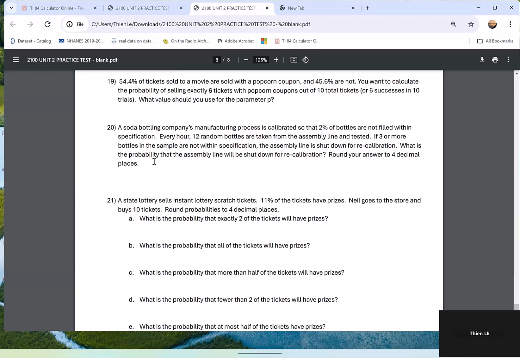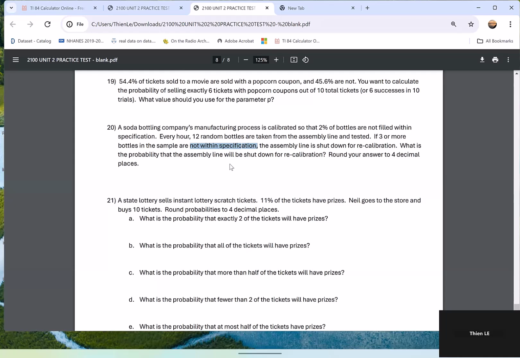So in this case, we do a random test of 12 bottles, right? The event we care about is a bottle not meeting the specification, not within specification. And you shut down the line if you have three or more.